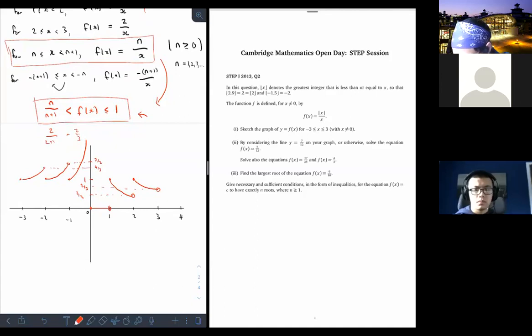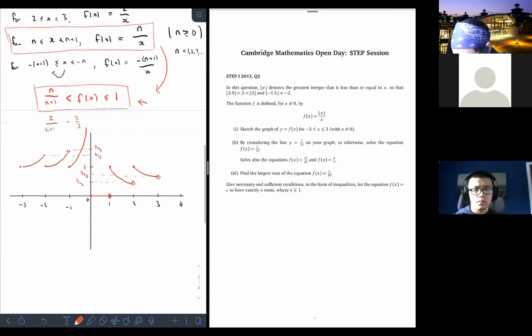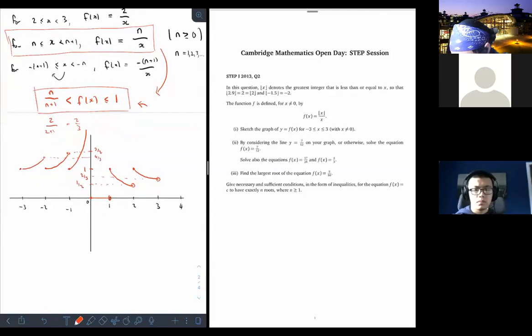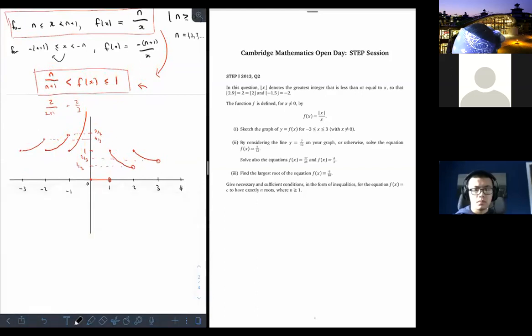The second part of the question asks us to consider the line y equal to 7 over 12 on the graph, and then to solve the equation f of x equal to 7 over 12. So when we're looking at 7 over 12, we know that this is less than 1.